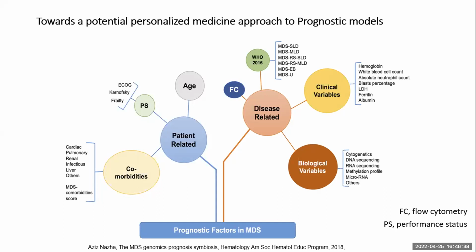And then the biological variables, things like cytogenetics, DNA sequencing, RNA sequencing, methylation profile, and microRNAs. I think these are things that will probably take center stage going forward in terms of the investigations and prognosis of these patients.